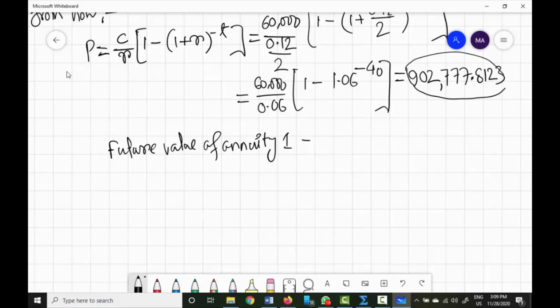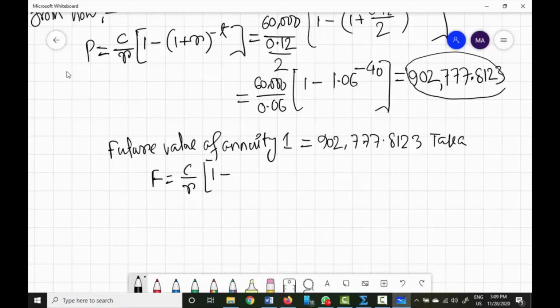Future value of annuity 1 is this amount, 902,777.8123 taka. So we will use the future value of annuity formula in that case, since that's the value we know.